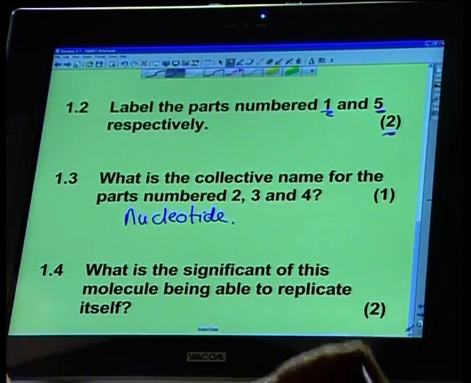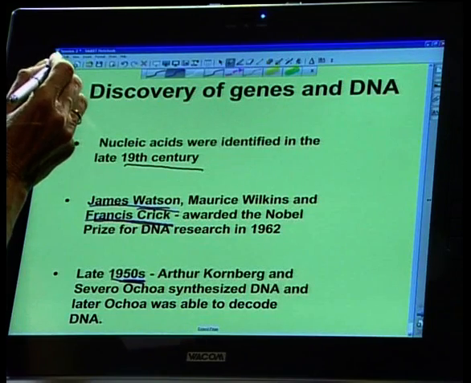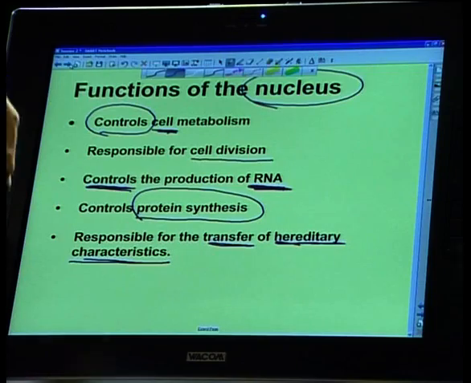Now, what is the significance of this molecule being able to replicate itself? Why do we want this molecule to be able to replicate itself? Think. What were the functions of the nucleus? And this will tell you what the benefits are.